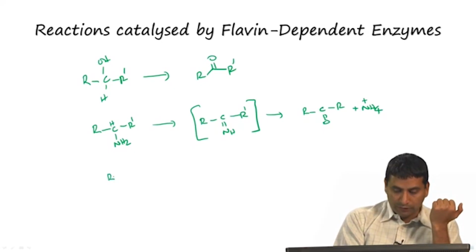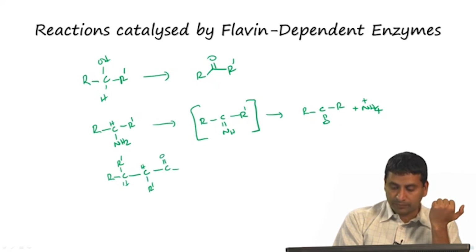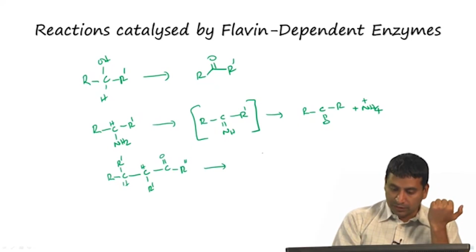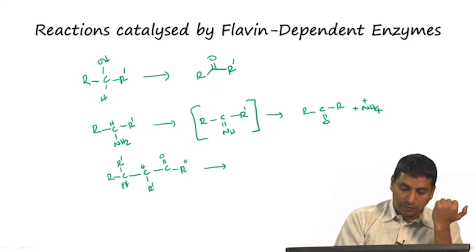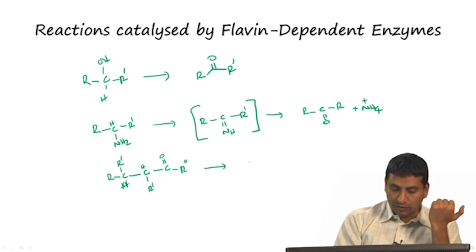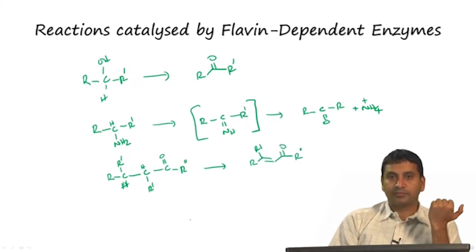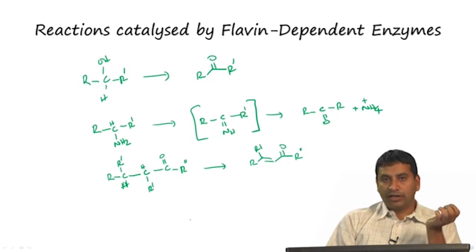Here the example that we are going to look at is CR prime C H H R double prime, to give you, and this carbon carbon bond is going to form a double bond, and you end up with this ketone. So, this is again an oxidation reaction that is catalyzed by flavin dependent enzymes.